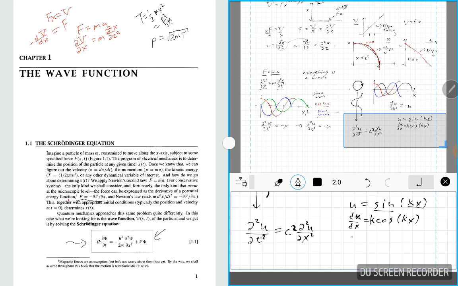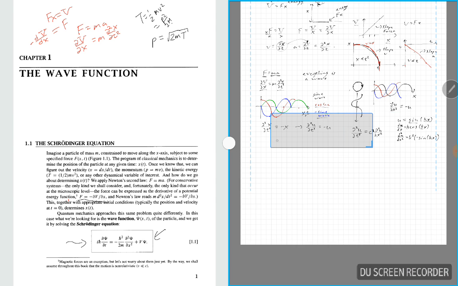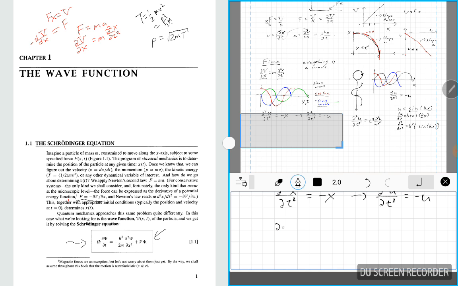So I get a factor of k out. I take that derivative again. I will get the derivative of the inside k times k times the derivative of the outside, which is now going to be a negative sine kx. So once we start considering something a little bit real, we have to consider the right units, and that means that we have this constant come out of c squared.